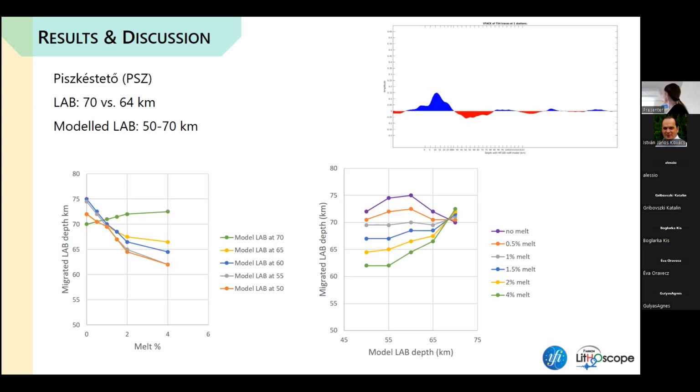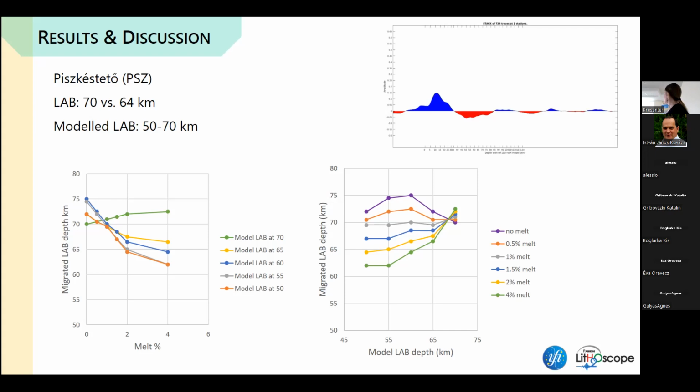Okay, so generally, what we can see here is that the lower the modeled LAB depth, the more the melt has an effect. So the more the melt content, the lower the migrated LAB depth.